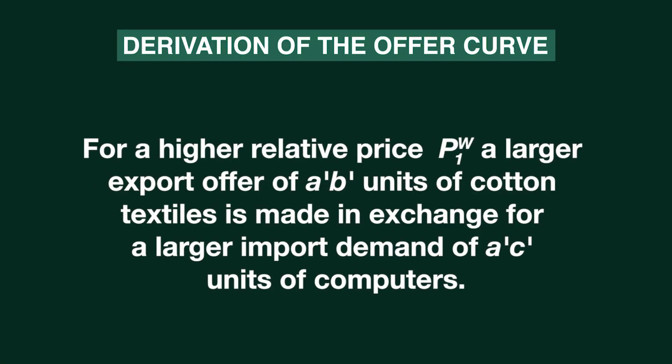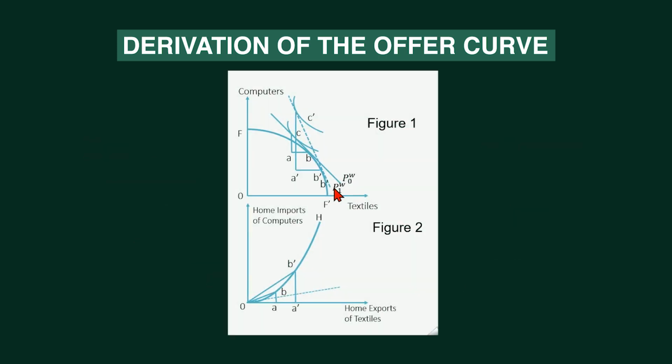So here, look, for a higher relative price P1W, when the relative price is like the dashed line, a larger export offer is needed. Look at the trade triangle now, because the production equilibrium has moved from point B to B prime, and the consumption equilibrium has moved from C to C prime.